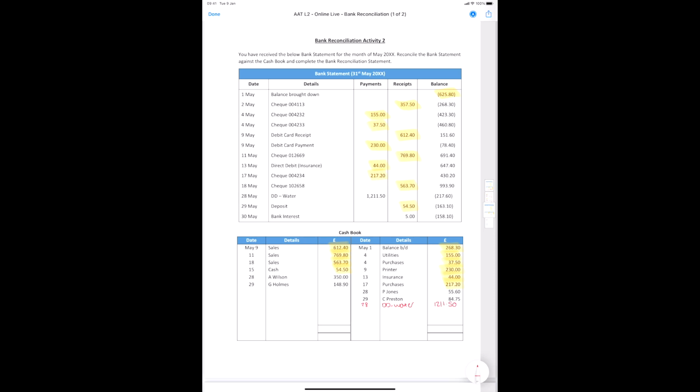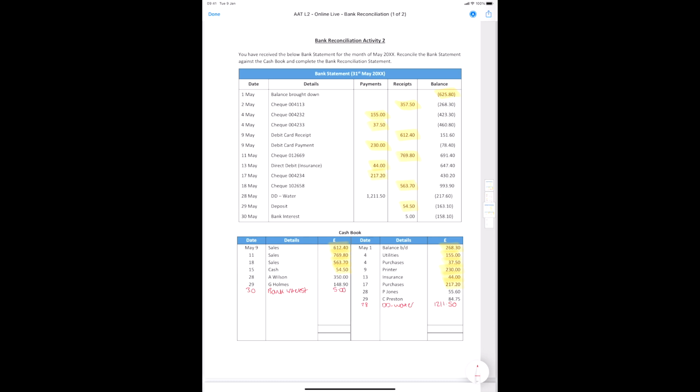And then we've also got bank interest received. We know it's received because it's within the receipts column. So that will go on the debit side of our cash book. We can add in bank interest there for £5.